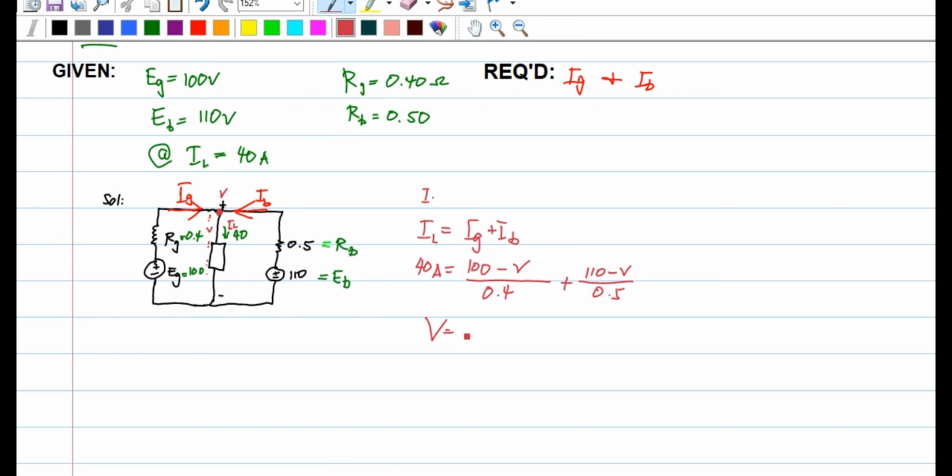So V is 95.55 volts. This is the terminal voltage or the common voltage.